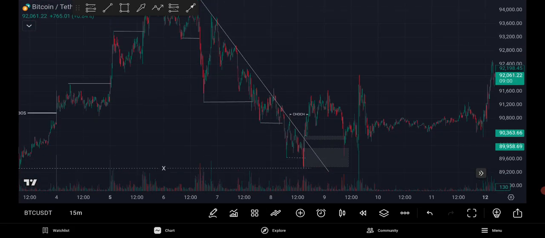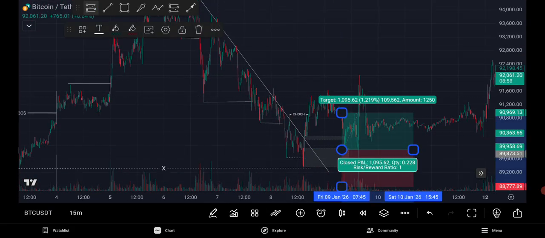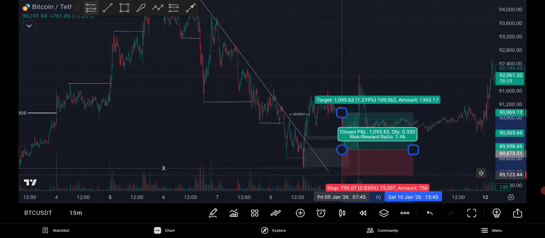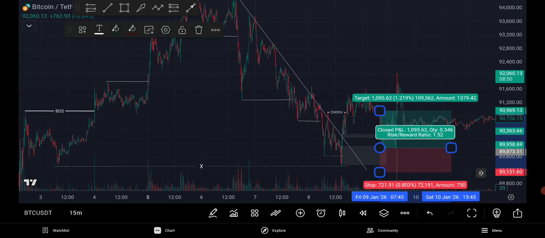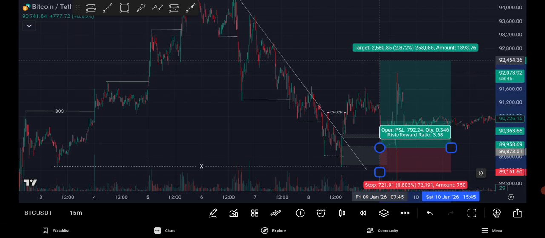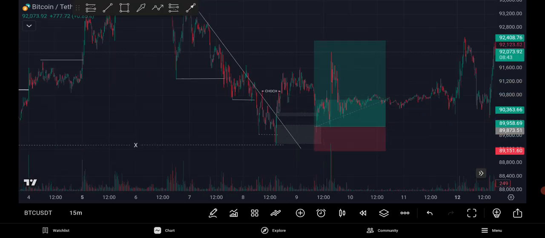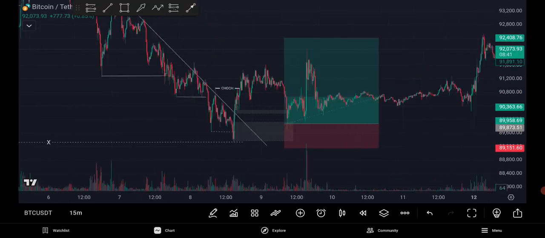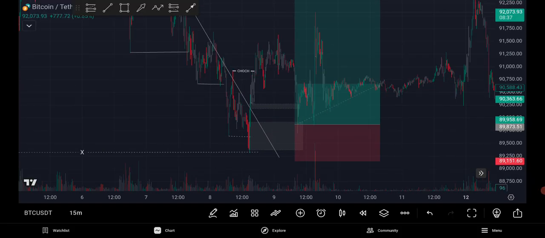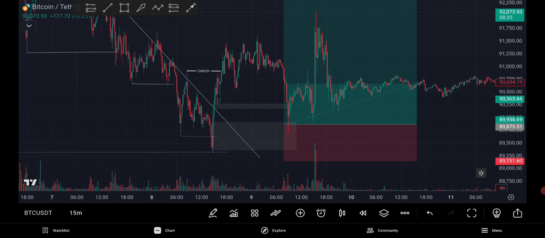So I'll place my trade here, at that order block, and then my stop loss just below this low where liquidity has been swept, and then I'll target 1 to 3 RR. Yep, there. Let's study how price behaved after this break, this change of character.